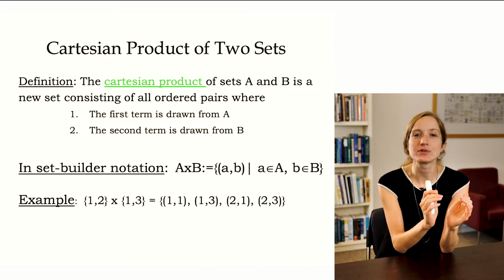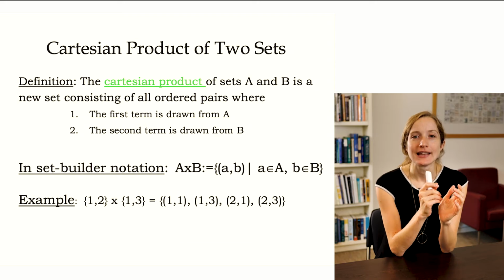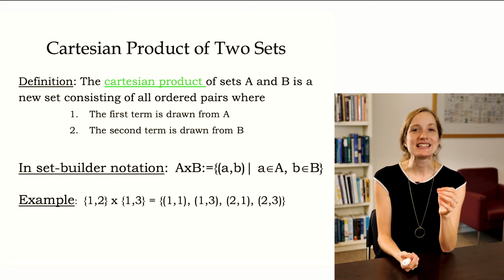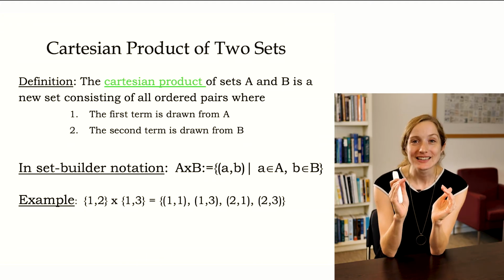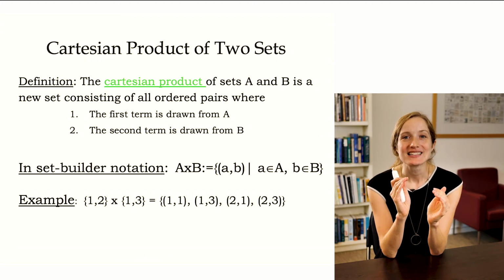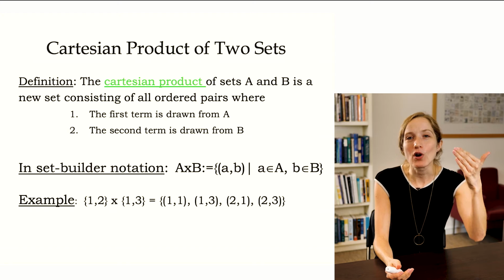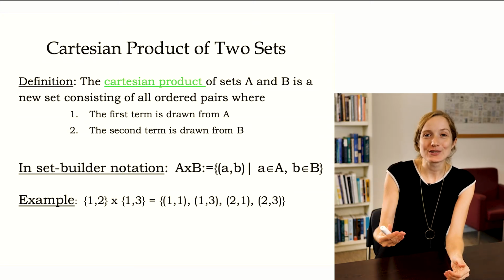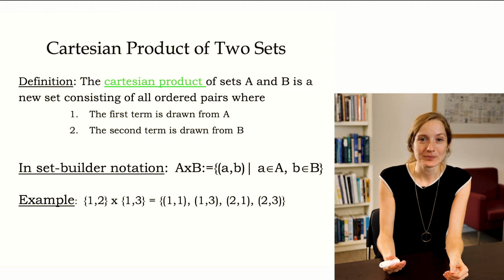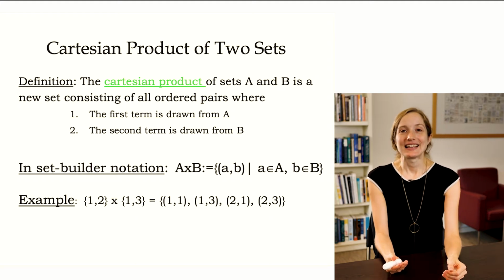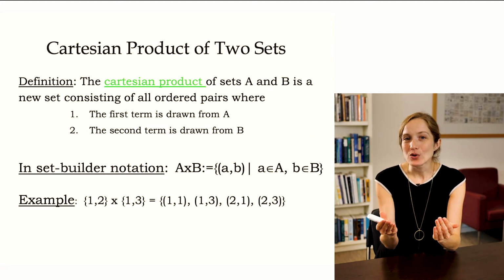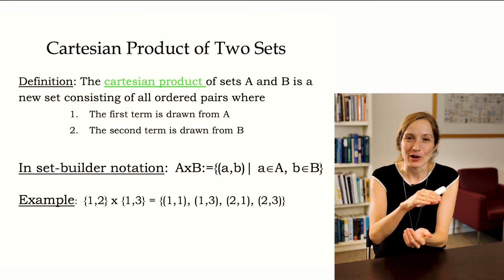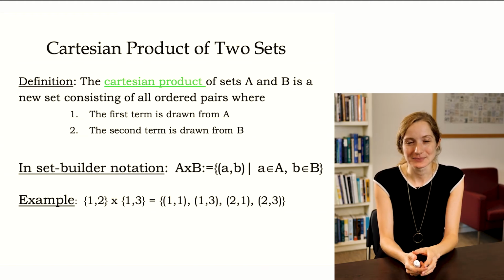Take a look at this set builder notation line: A cross B is equal to all of the ordered pairs (a, b) such that I go over all the different options of little a coming from big A, and all the different options of little b coming from big B. And note in particular that the order of A and B does matter. You'll get sequences in the opposite order if you do B cross A.